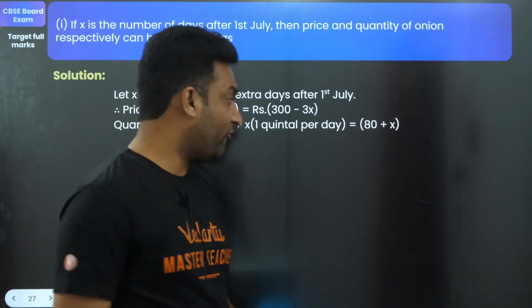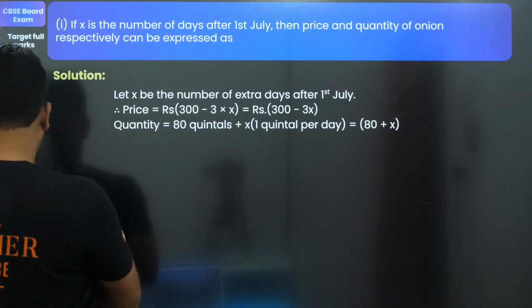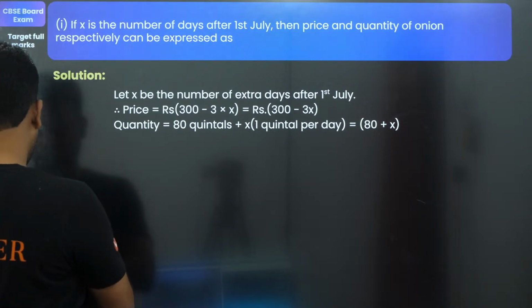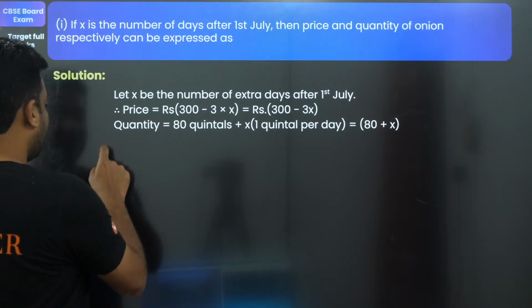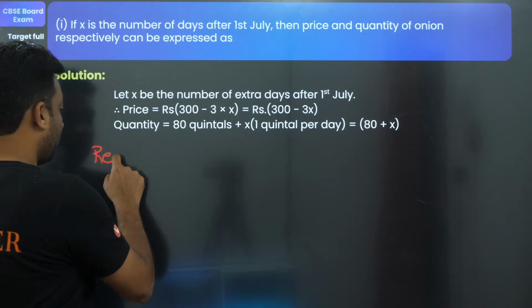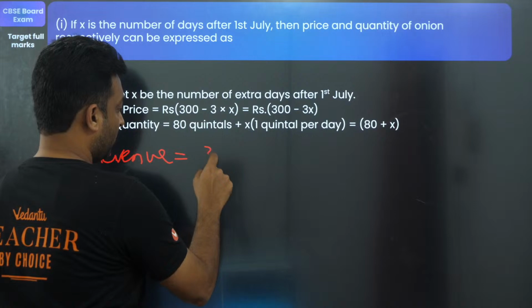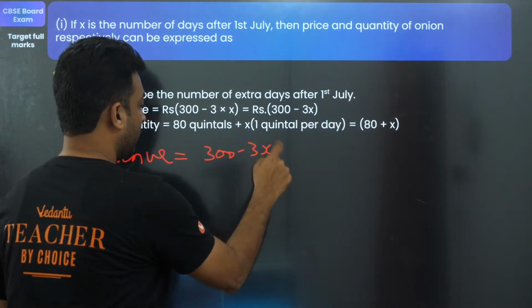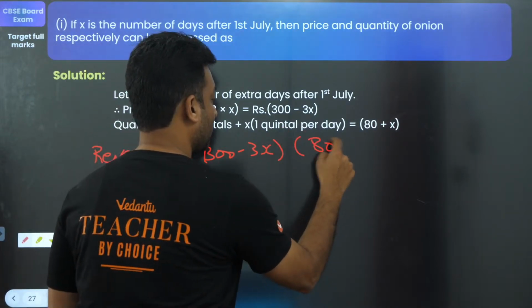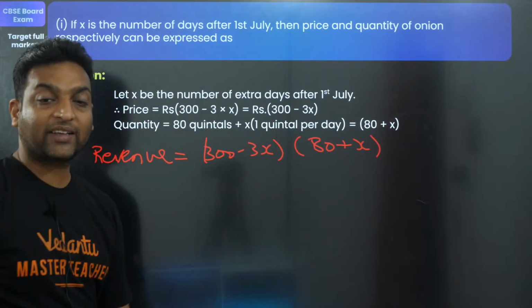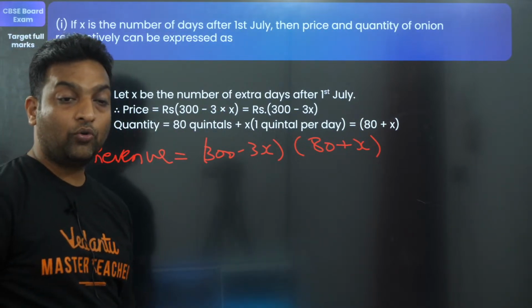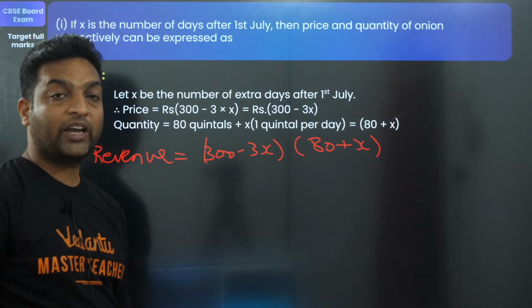Okay. What can be the next question? The next question will be to tell the revenue. We have already calculated the revenue: 300 minus 3x into 80 plus x. What will be the maximum revenue? If someone asks you, when will you get the maximum revenue?